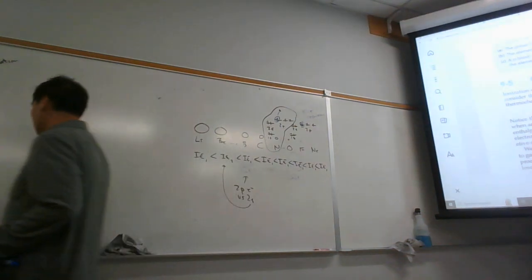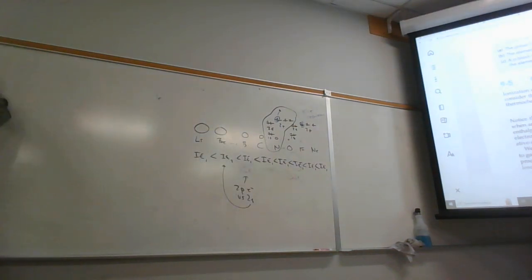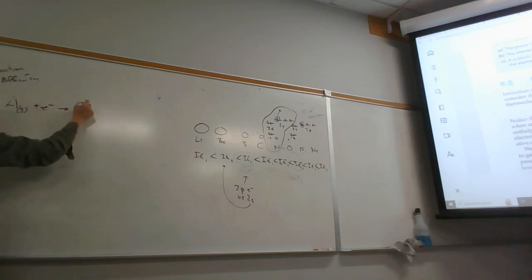The next thing we're going to look at is electron affinities. Electron affinities are kind of the opposite process. So ionization is removing, electron affinity is gaining. And so if I take a gaseous atom and add an electron to it, I'll make an anion in this case, rather than a cation.